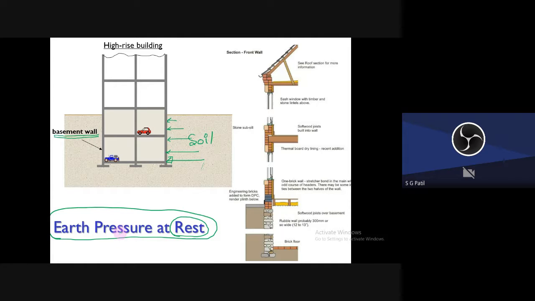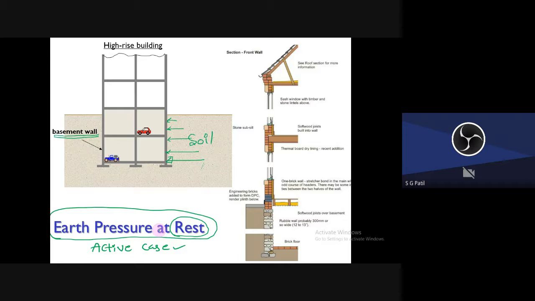Can you tell me, anybody? The same wall, if I design it for the active case, I can save a lot of money, because the cross section of these retaining walls will reduce drastically. But I can't design for the active earth pressure condition.